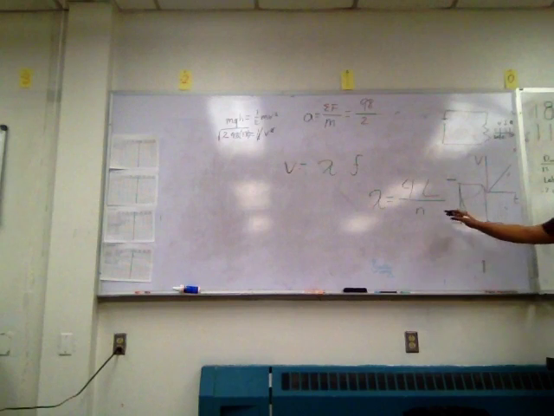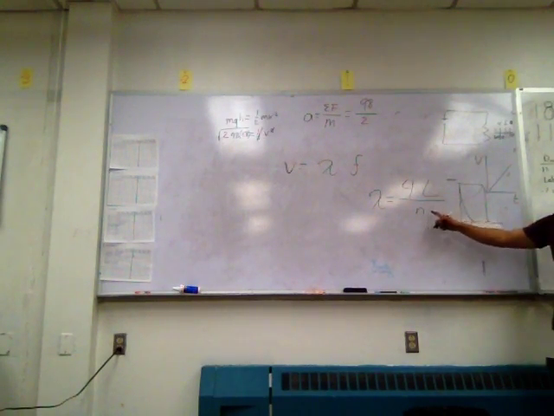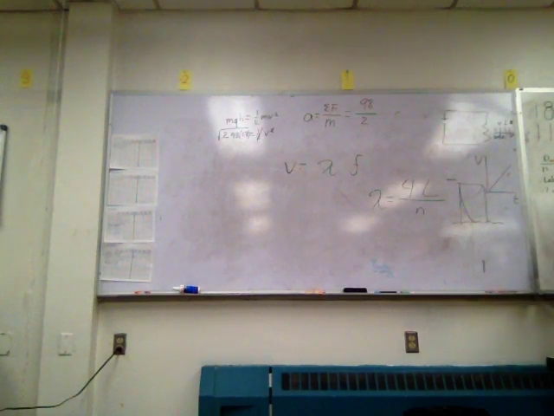So 4L. If I wanted to know the wavelength, what information would I like to know? I want to know what L is. What is the L at the first resonance? What is the shortest column that gives me a resonance?